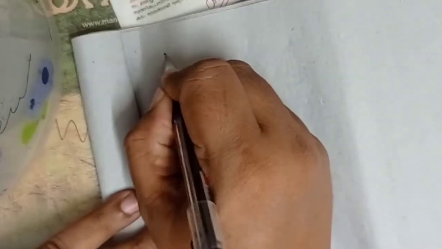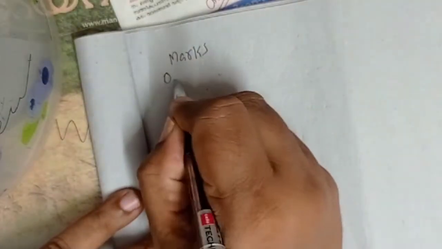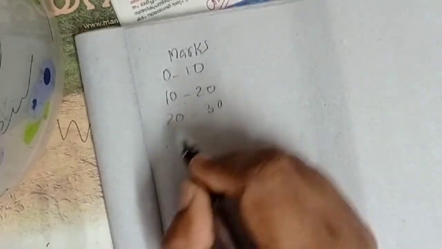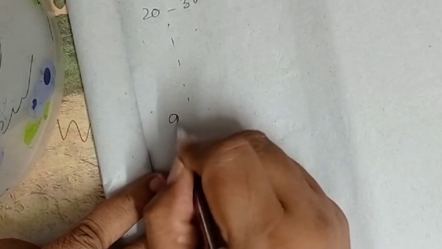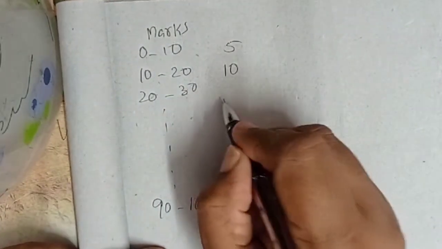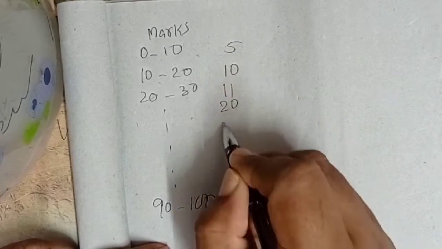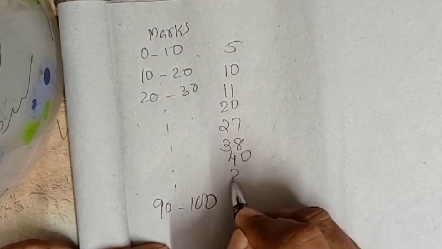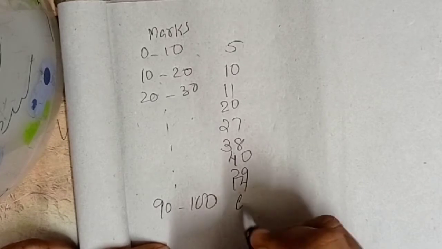Listen. What is the first column? Marks: 0 to 10, 10 to 20, 20 to 30, etc., up to 90 to 100. Now write F: 5, 10, 11, 20, 27, 38, 40, 29, 14, 6.